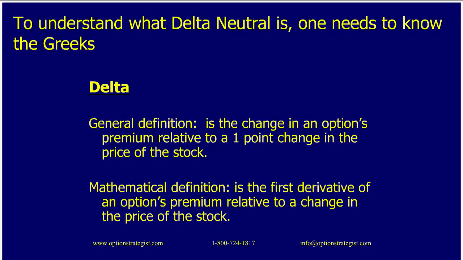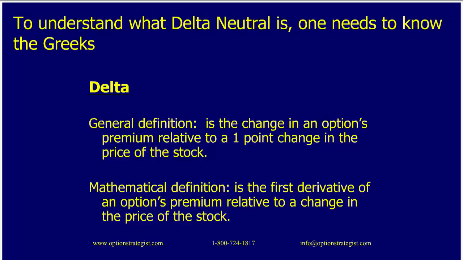To understand what delta neutral is, first we need to know the Greeks. And knowing the Greeks, the way I look at it, I liken the Greeks to the gauges in a car. If you don't understand the Greeks, it would be as if you're driving a car without your speedometer, without your gas gauge, and without any of the information that tells you how to get from point A to point B. So the Greeks are critically important.